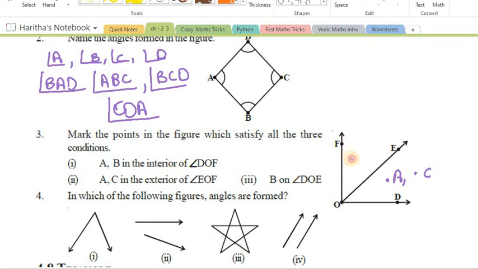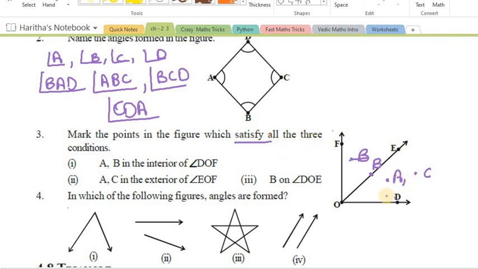And A, B should be in the interior of angle DOF. So in angle DOF, A is interior and B is also interior. And B is on angle DOE. This point B should be there on angle DOE. So in this way we can write this, because he said very clearly that we should satisfy all the conditions, right?